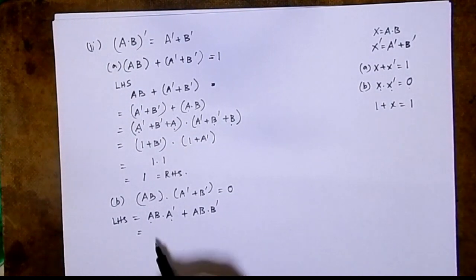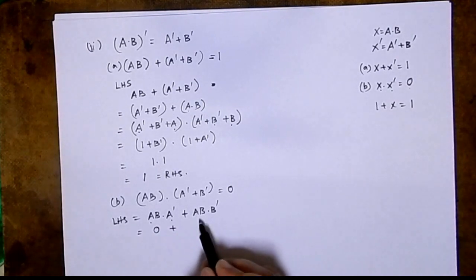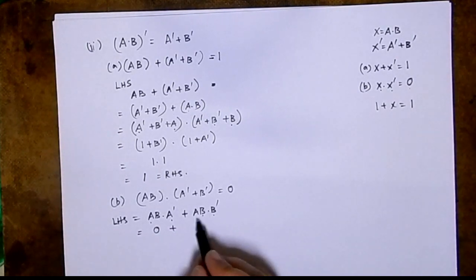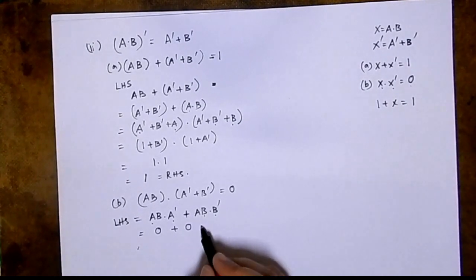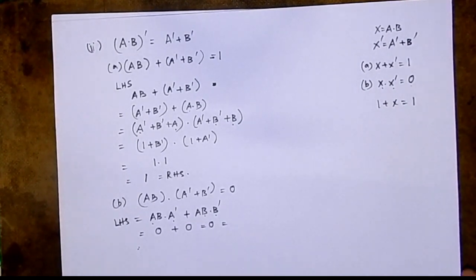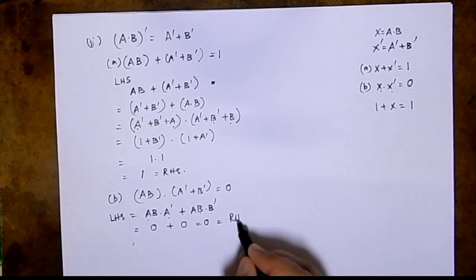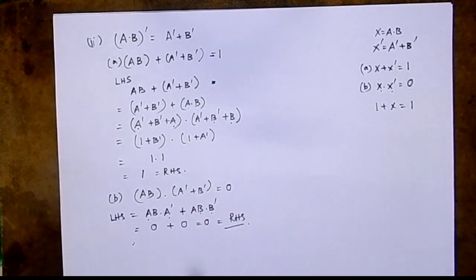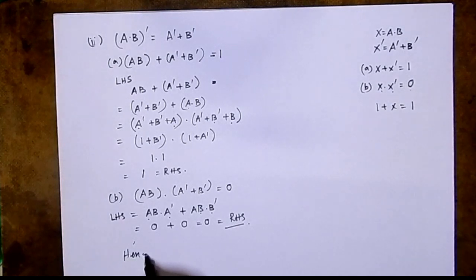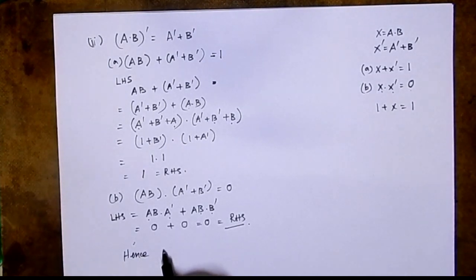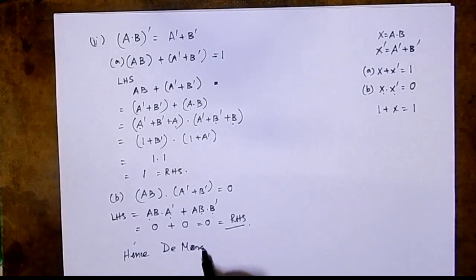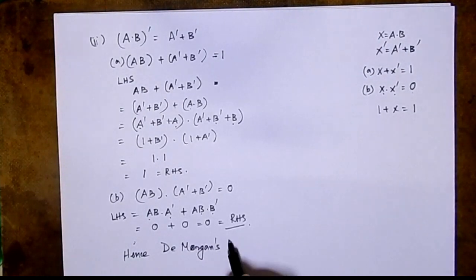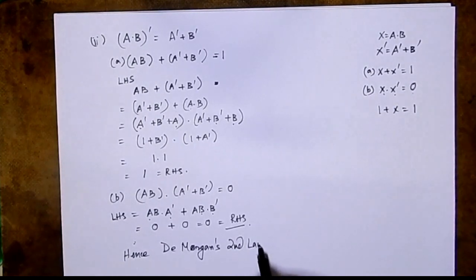Now a into a dashed is 0, so this term becomes 0. Again b into b dashed is 0, so this term also becomes 0. So we get 0, which is equal to the RHS. So both the conditions are proved, hence De Morgan's second law proved.